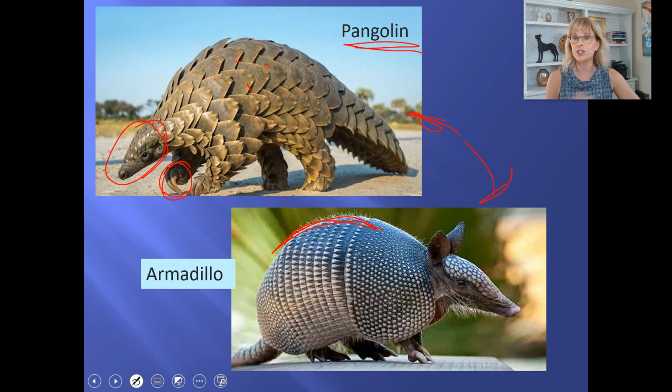They're not related to each other at all. One of them is descended from a carnivore, and the other is descended from, I can't remember what the other one's descended from. They're not related to each other. Why do they look alike? Convergent evolution.